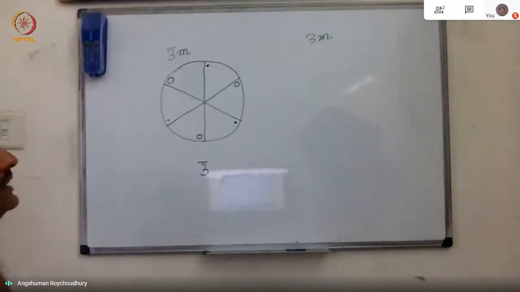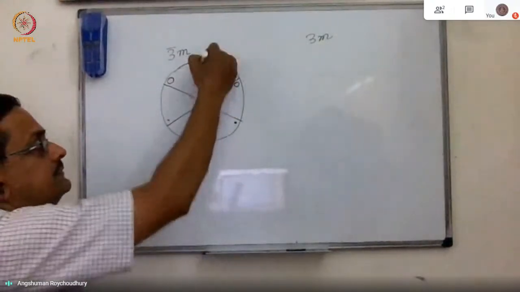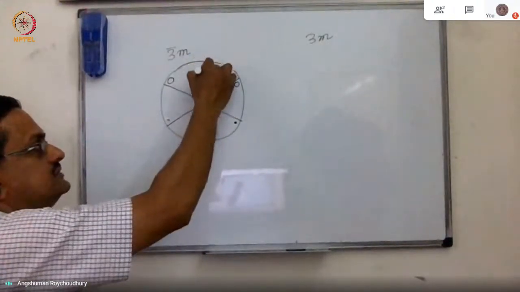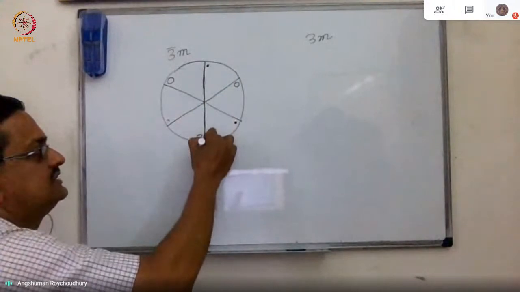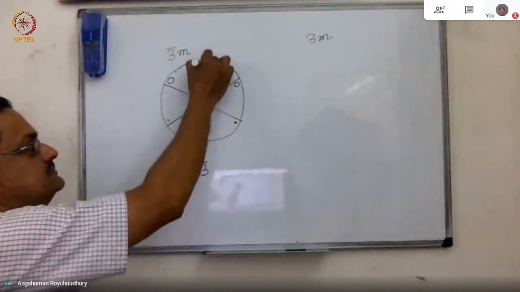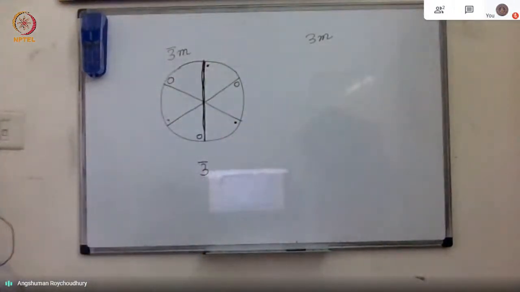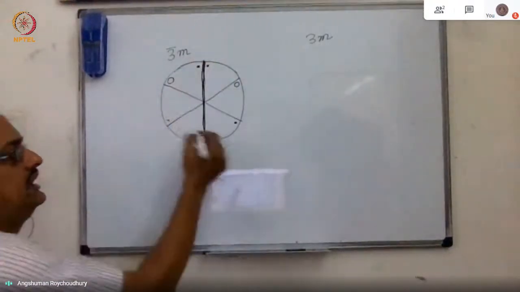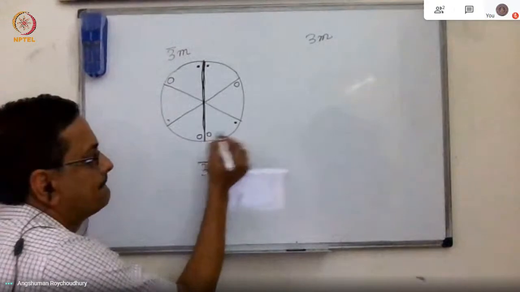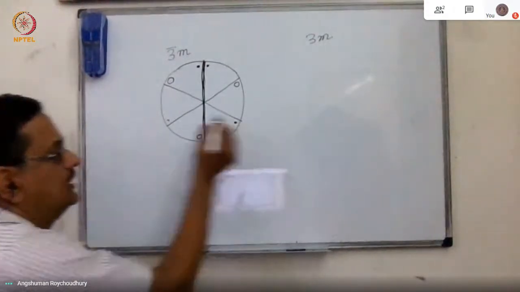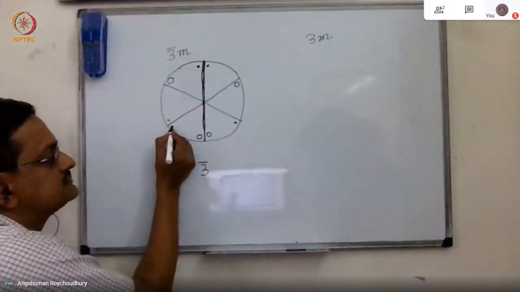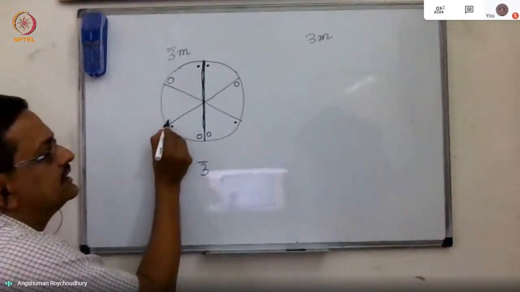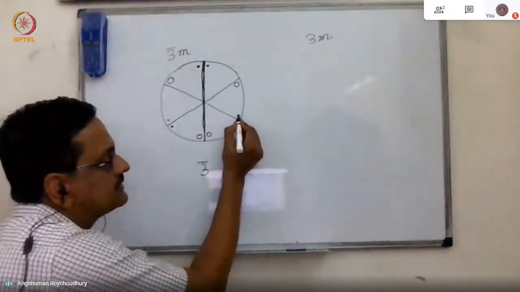And now if I draw m, I should draw m along this. So this line corresponds to my mirror. Whatever objects are on the right should have the same thing on the left. If it is here, it goes there. If it is here, it goes there.